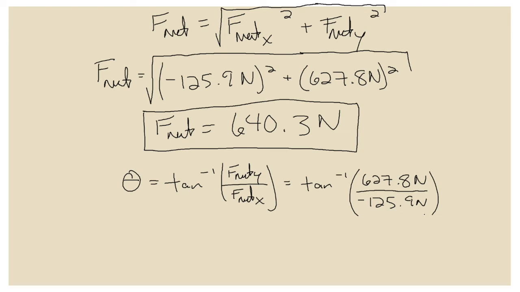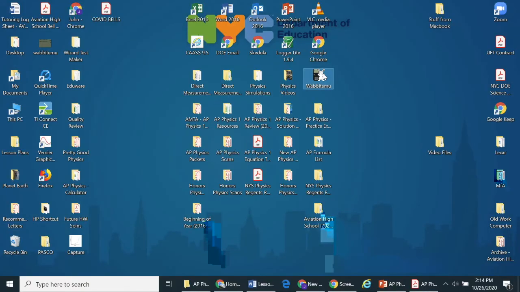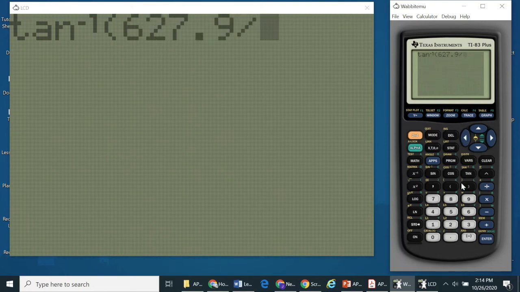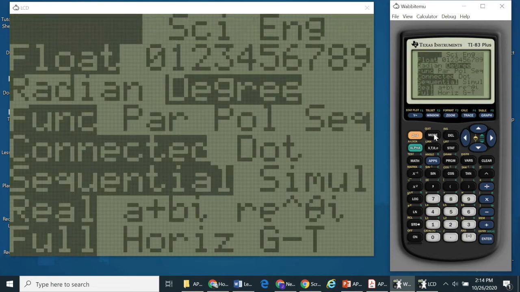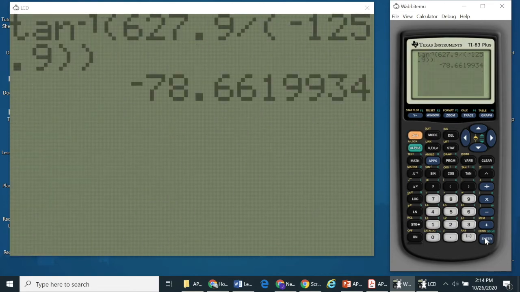This part I want to show here: we're doing the inverse tangent of 627.8 divided by negative 125.9. I'm going to check that I'm in degrees before I hit enter. And when you do that, you get negative 78.66 degrees.